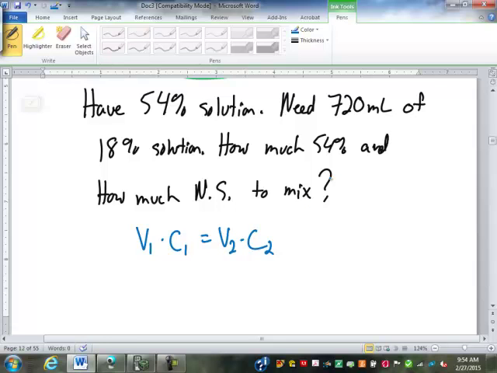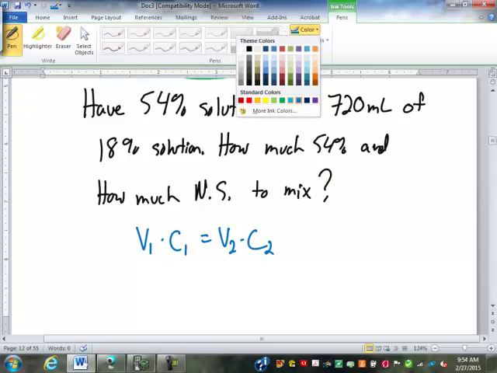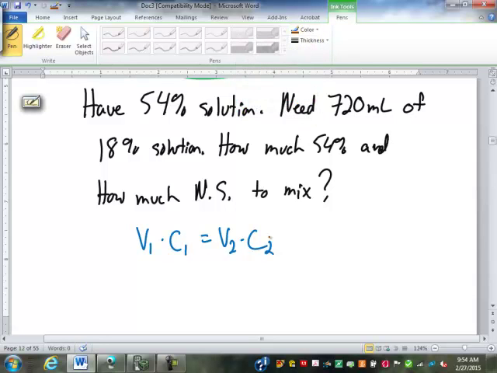So our adjustment formula here still helps. Still going to make things a lot easier for you. But there's going to be a little extra work when we're done. So what do we put in here? Do we know V1? Well, first of all, which percent do we want to let be C1? Let's just pick that first.